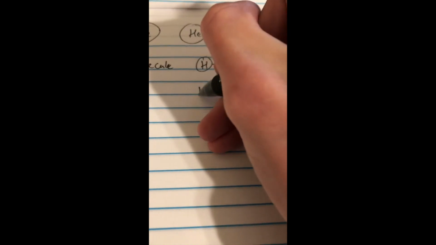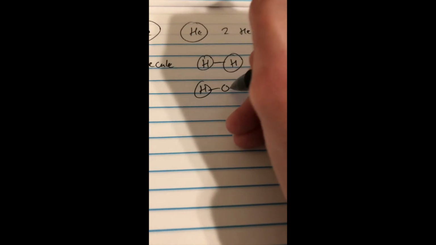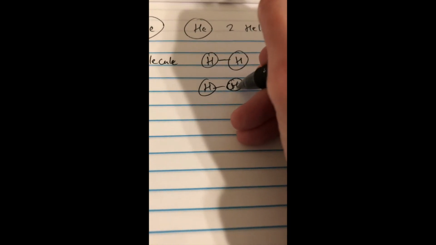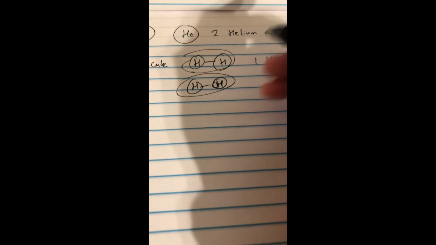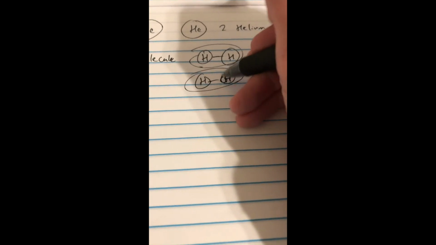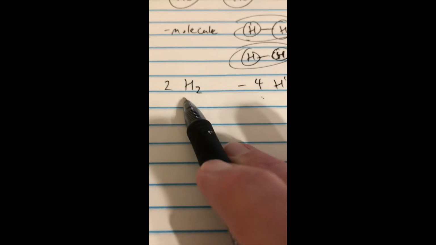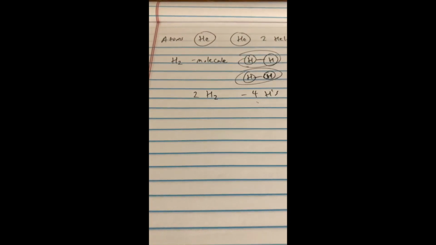Now, we could have 2 H2 molecules, so this would be 1, this would be 2. So we would now have 2 H2 molecules. But how many atoms do we have here? We have 2 H2s, but we have 4 H's. We have 4 atoms, but 2 molecules. So that's one thing to keep in mind when you go through the questions today.